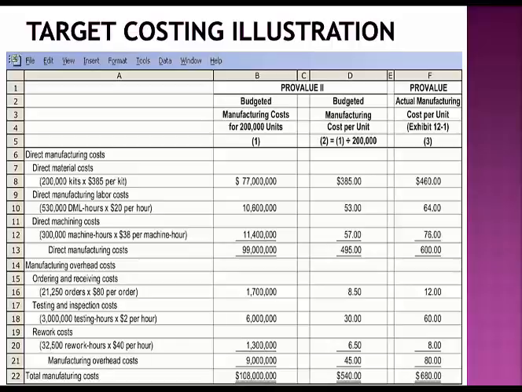All right, so we're going to shoot for these. This is going to be our target. This is going to be our budgeted amounts. And we will reduce our selling price to $800, put into play or implement all of these changes, and work our way towards meeting these targeted costs. And then at the end of the period, we will circle back around and see how everything worked out for us.